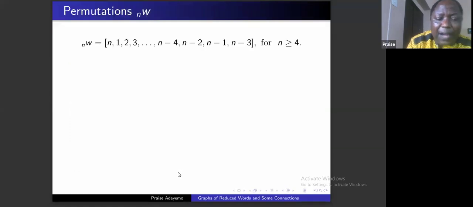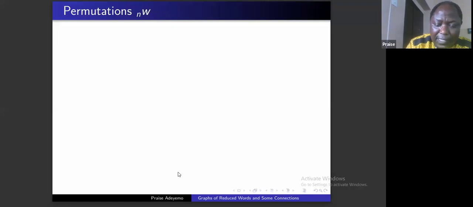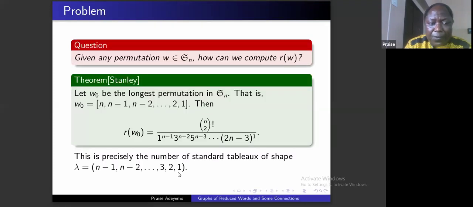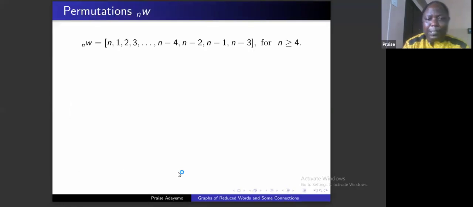Now, this is what Stanley gave us. So I consider a permutation of this nature. We have a permutation like this in Sn for n bigger than or equal to 4.